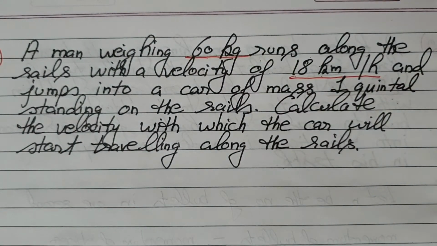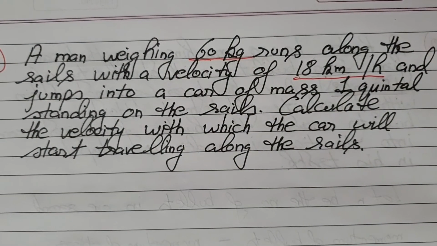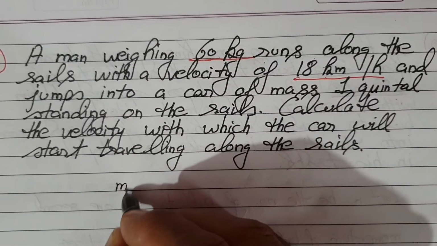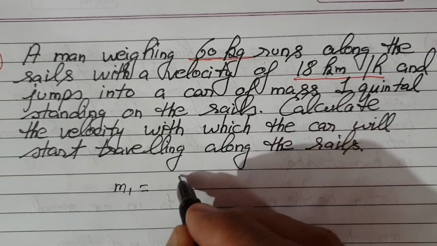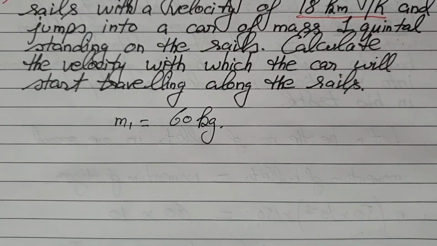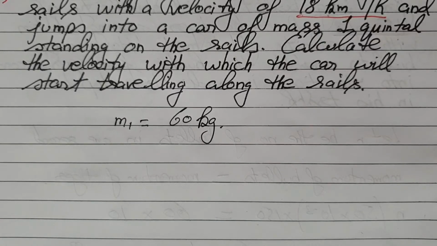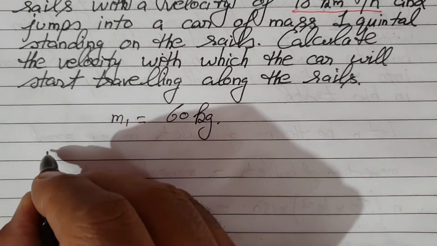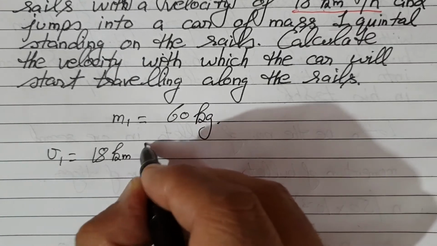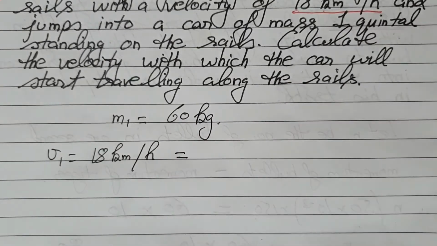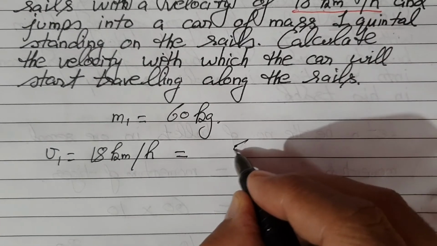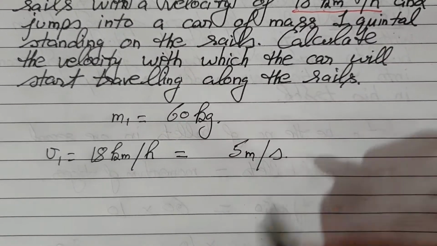First of all, taking the man's mass as m1, m1 is 60 kg. His velocity v1 was 18 km per hour. Converting this to meter per second, this will give you 5 meter per second.